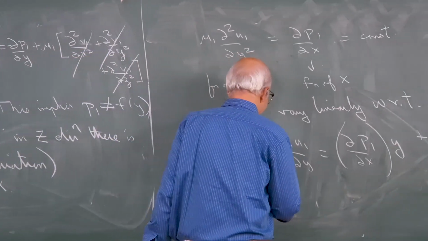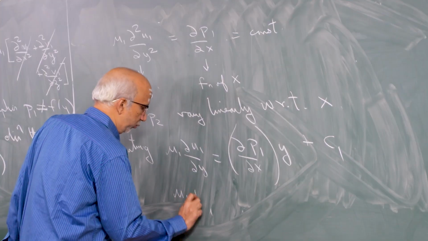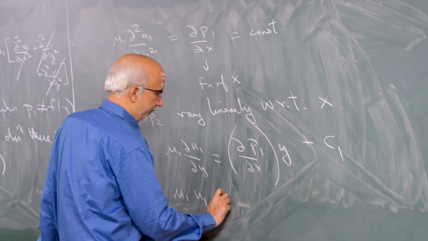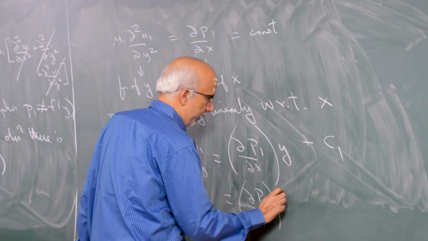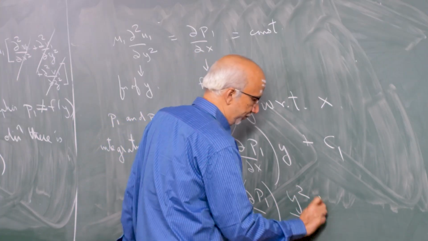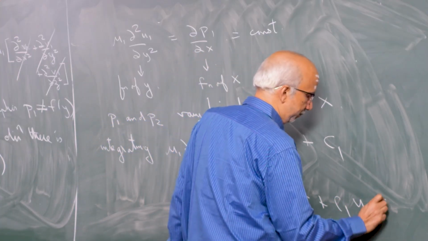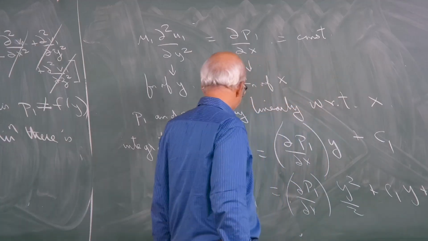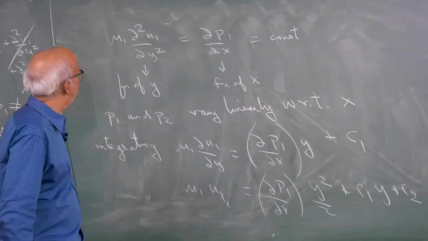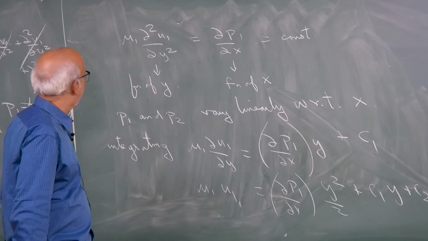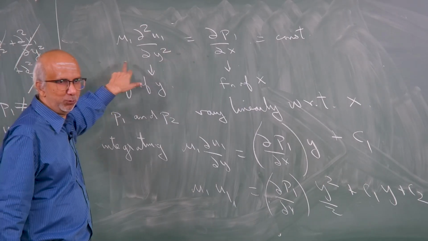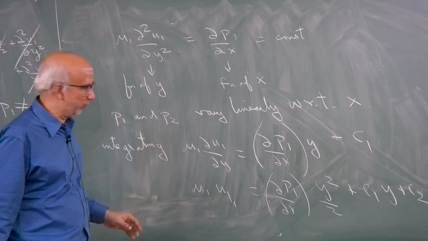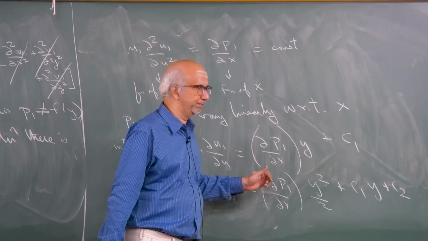And the second thing is mu1 u1, integrate one more time, you get dp1 by dx times y squared by 2 plus c1y plus c2. I should have been smarter. I should have put this mu1, because this is also constant, this is also constant. I could have kept these two constants together, but anyway, I didn't do that. So, I kept it like this.